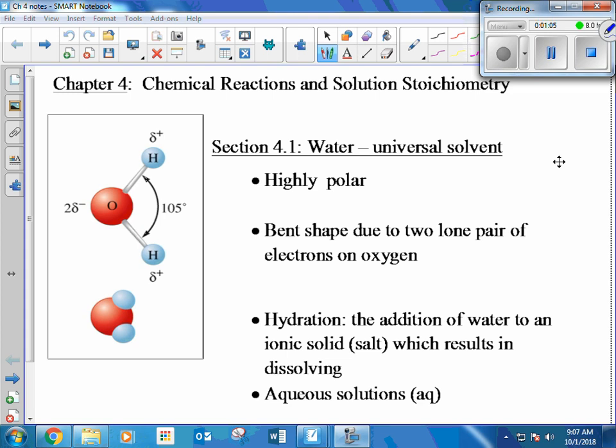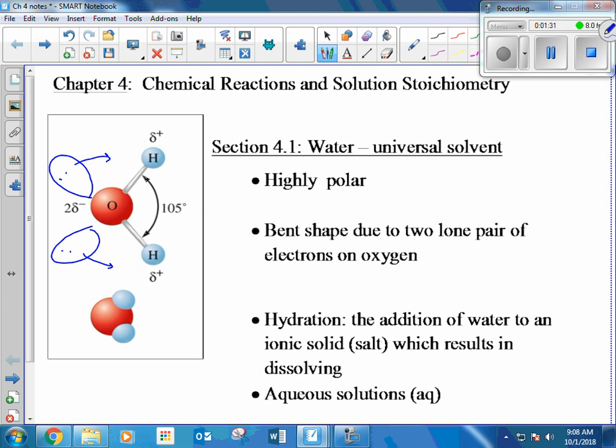So if you look at this structure over here, recall that water has these lone pairs of electrons, and these lone pairs take up a lot of space, and they are going to repel each other ever so slightly, and so it's going to cause the angle between the two hydrogens to be a little bit smaller, causing that electronegativity difference between them to be a little bit greater.